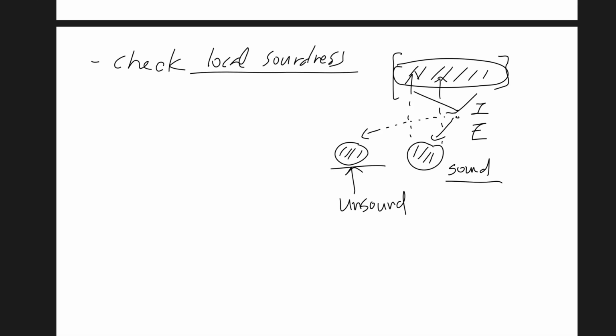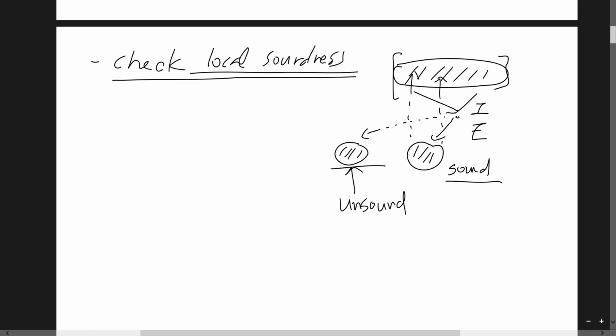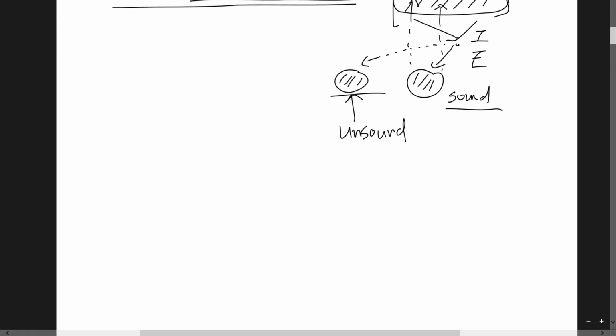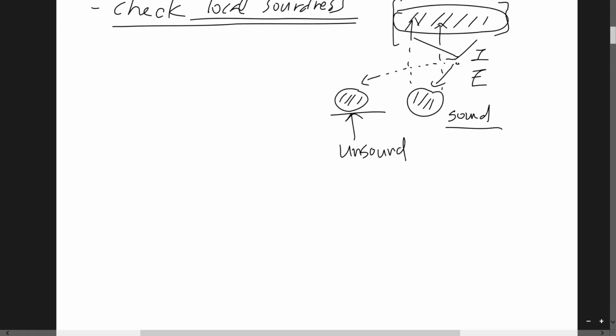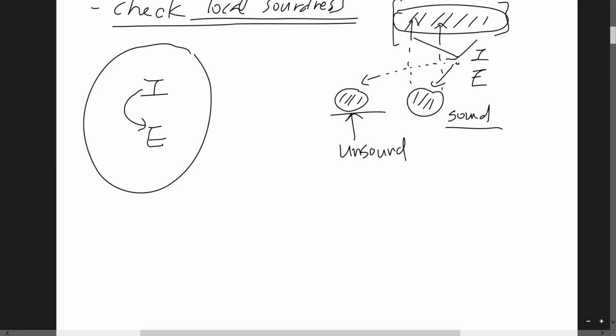So how do we check the local soundness property? We show how to reduce a proof where an introduction is immediately followed by the elimination rule. In other words, we have a proof, say conjunction introduction immediately followed by conjunction elimination, and then we show how to reduce this proof without applying this intro and elim rule.